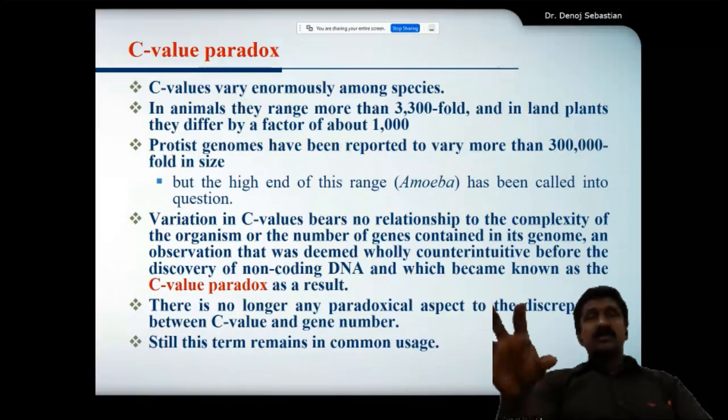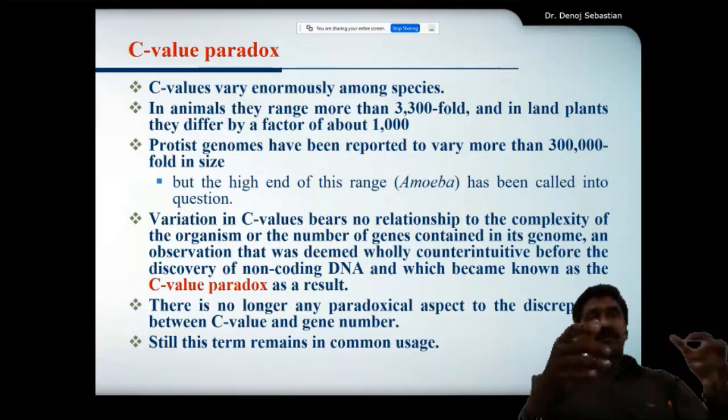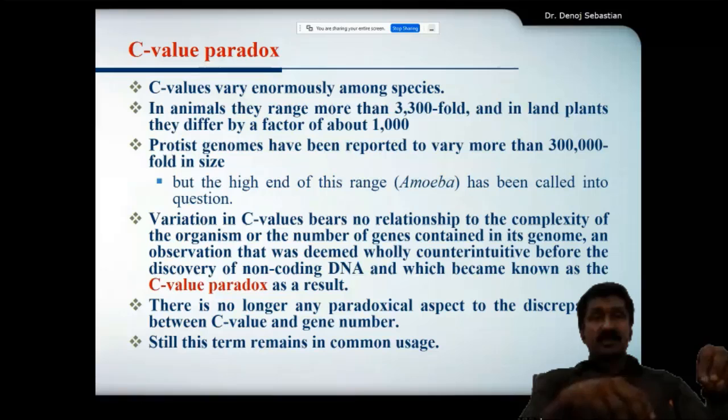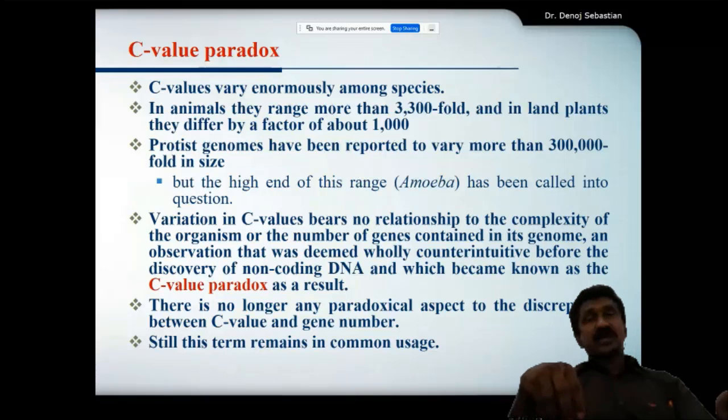It's actually a questionable one. Still, we say that within the protists there are very small genome size organisms and 3 lakh fold larger genomes were also reported.